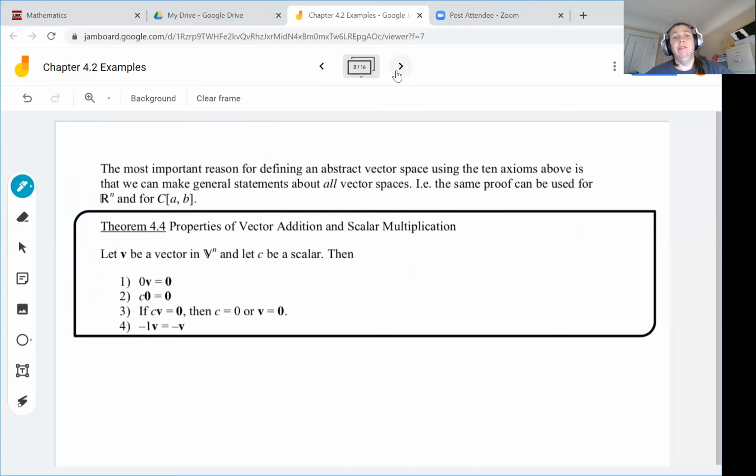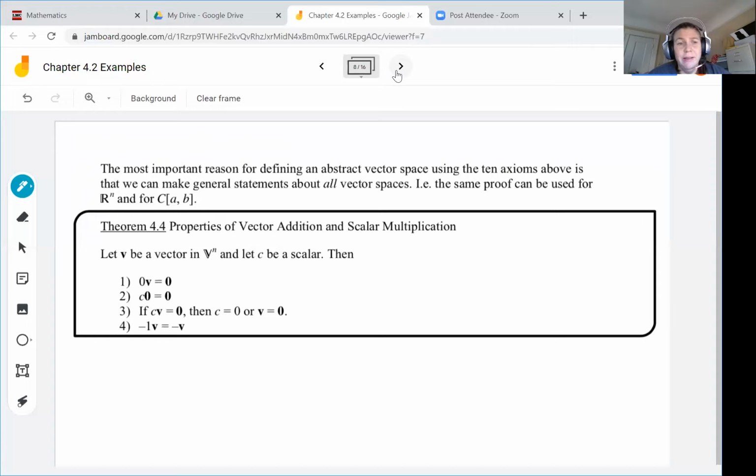All right, so here are some properties of vector addition and scalar multiplication. So v is a vector in Rn, and c is a scalar. Then 0 times v is going to give you the 0 vector, and we know that because 0 is going to component-wise multiply each element of v.